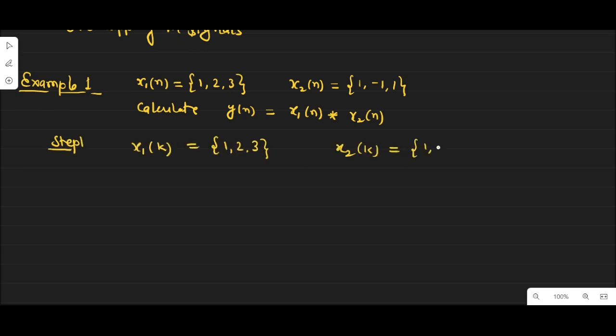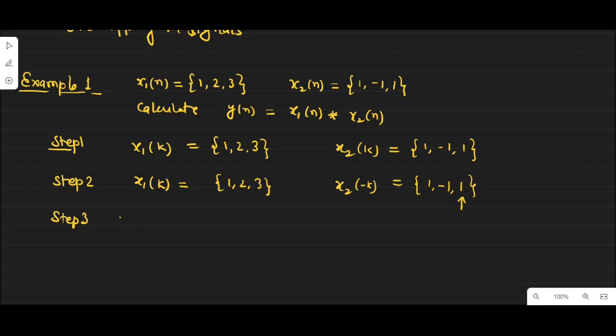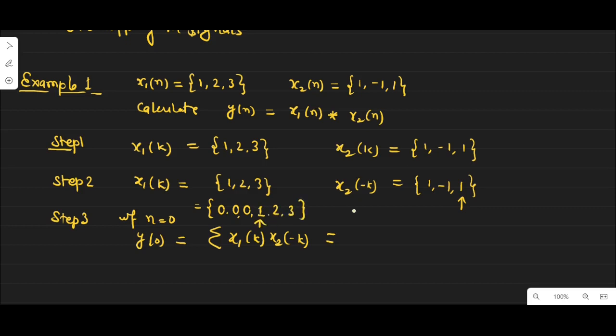Step 2, x1[k] you can take as it is, 1, 2, 3, and x2 is flipped, so x2[minus k] is 1, minus 1, 1. Where will be the 0 point? Where there is no arrow symbol, the 0 point is at the first number. If there is an arrow symbol, then the 0 point is at that place. So here in x2[minus k], the 0 point will be at the 1.